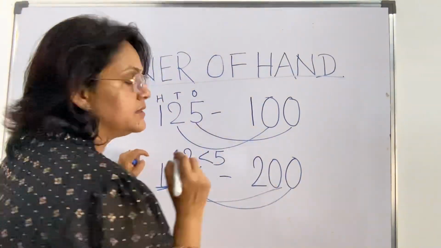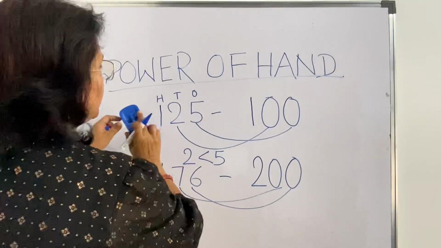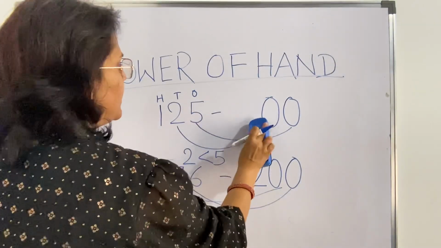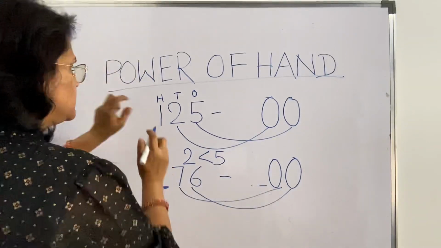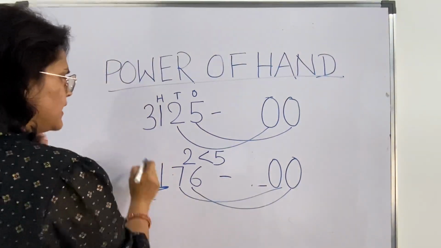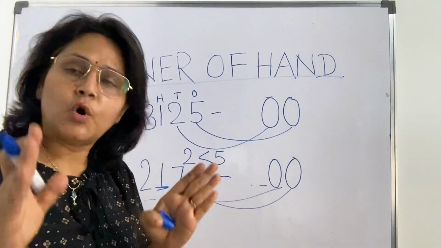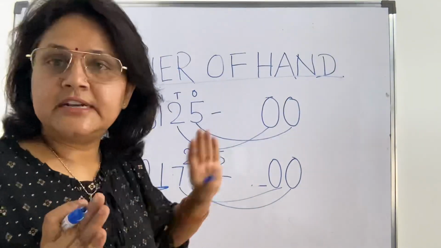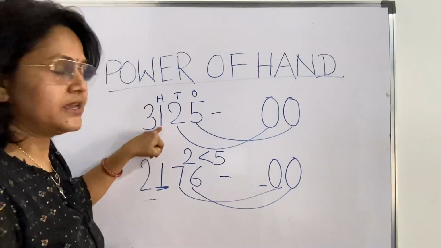So this is 200. Now, let me tell you, if at this place I had made the number in the thousands, something, and here also I made 2, but I have to round only till the hundreds place, in that case also the answer remains the same.